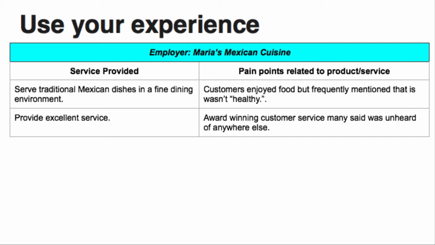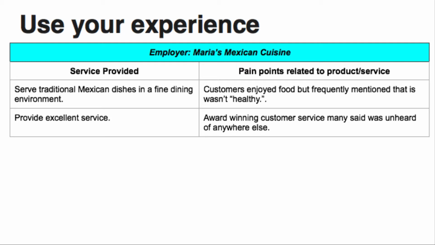Some of the pain points associated with the products and service is customers enjoyed the food, it was absolutely delicious, but it wasn't healthy. The other thing that they would complain about was not necessarily about Maria's Mexican cuisine service, but other service in the area, that they just couldn't find that type of service anywhere else.